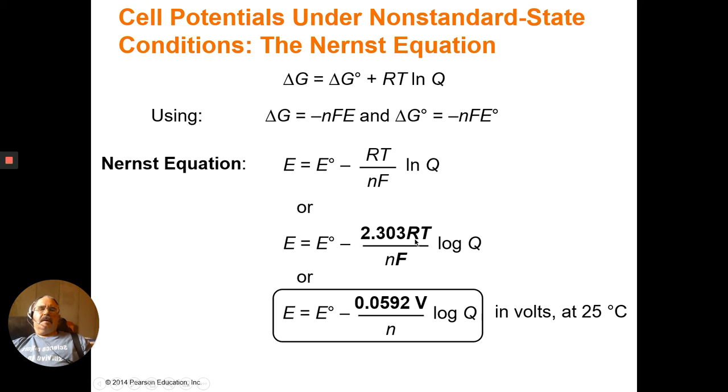Okay, R is the gas constant in joules, T is the standard temperature, F is Faraday's constant. And so if we combine R, T, and N, assuming T is a constant, and taking that times 2.303, that's where we come up with this number. We're just combining all of this. And this is called the Nernst equation. And the units will be in volts.